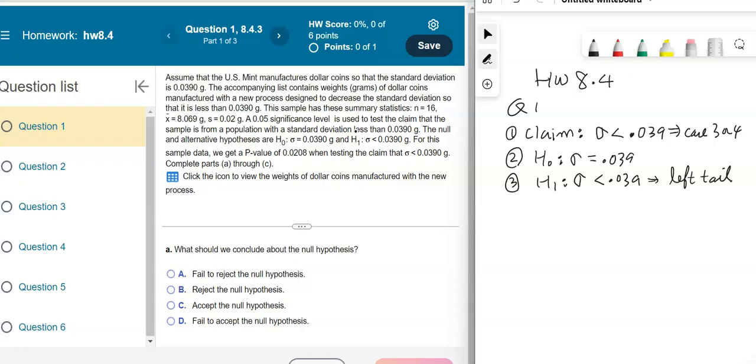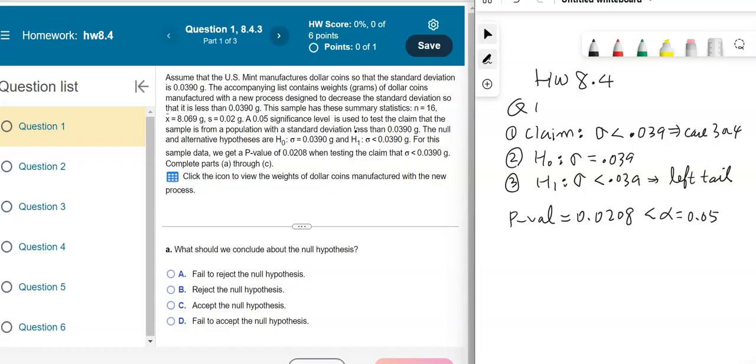Now, they already tell us that the p-value is 0.0208, but 0.0208 is less than the alpha, which is 0.05.